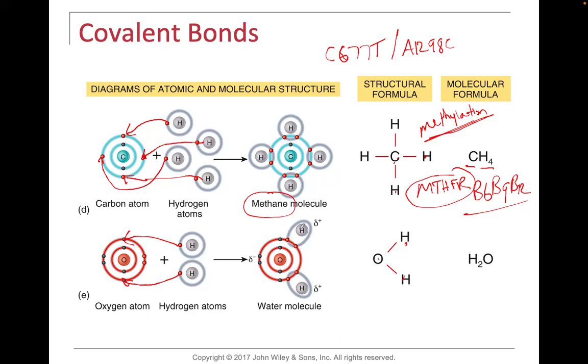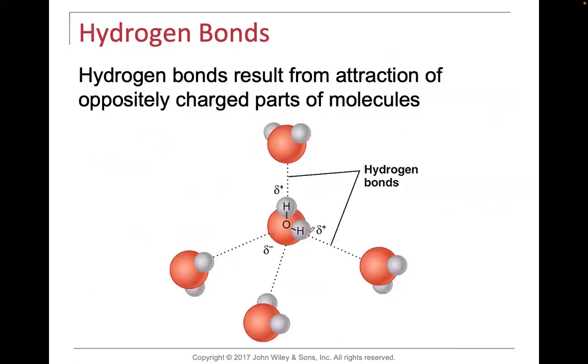Okay, so this ends up creating what's called a hydrogen bond between hydrogen and water. It's a weak bond. They're constantly made and broken, made and broken. We know that water can be a liquid, it could be a solid, it could be a gas, because these bonds are easily broken, those hydrogen bonds.